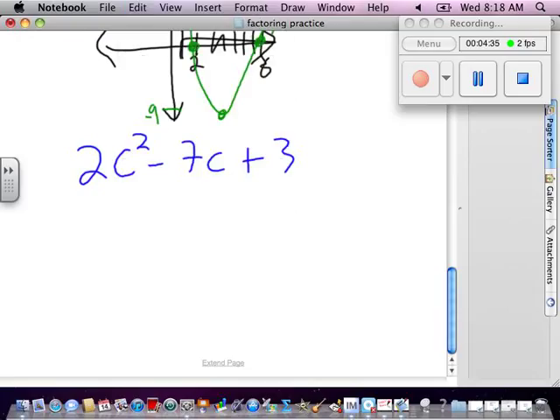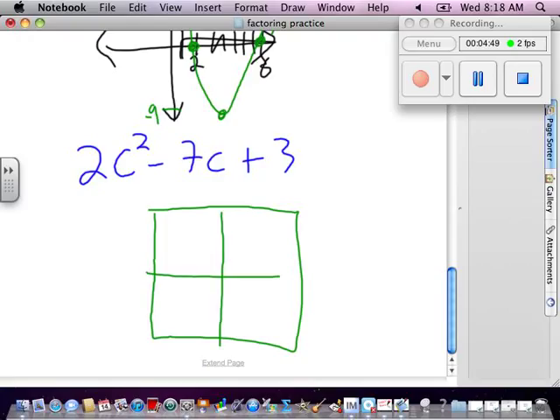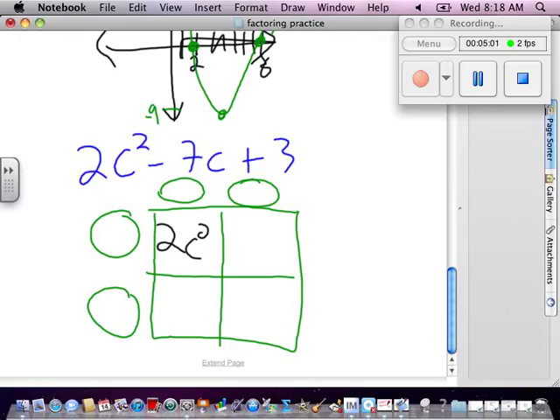Let's try this one: 2c squared minus 7c plus 3. So the first thing we're going to do is build our box. We have our circles. Those are what we really want. I know this is going to be 2c squared right here. I know this is going to be 3.